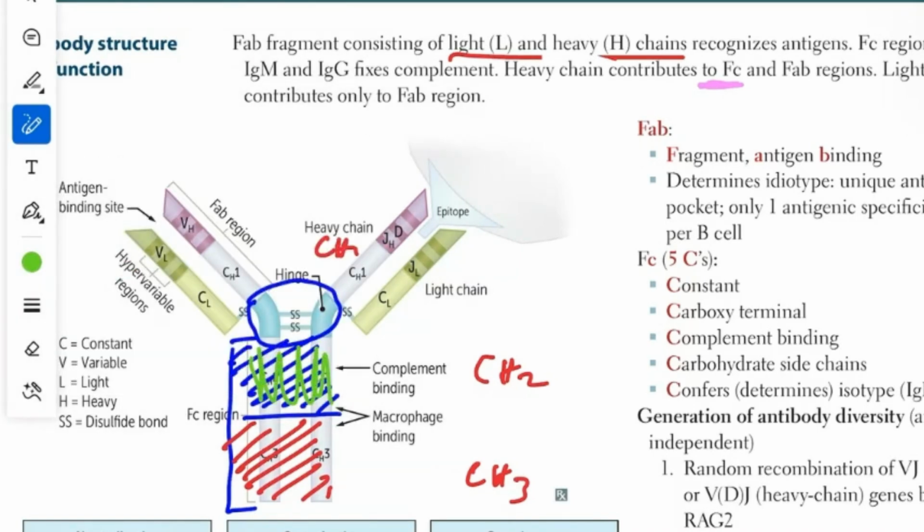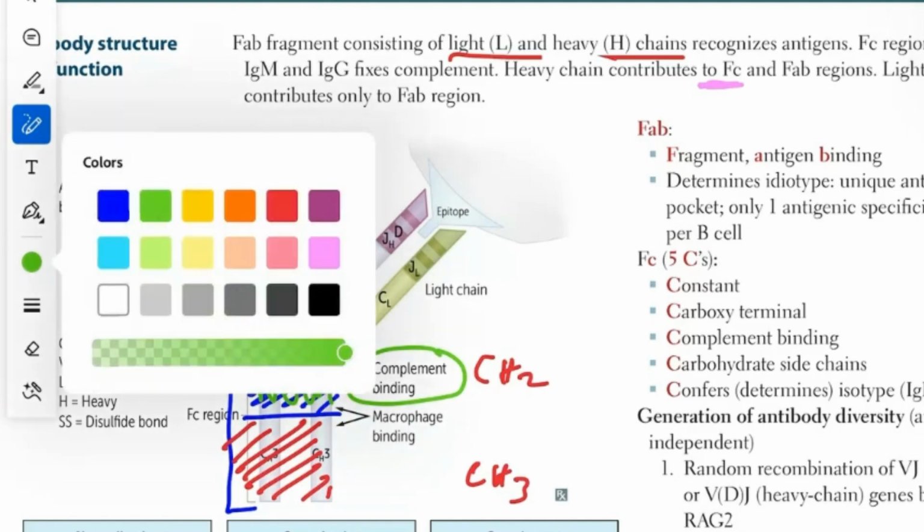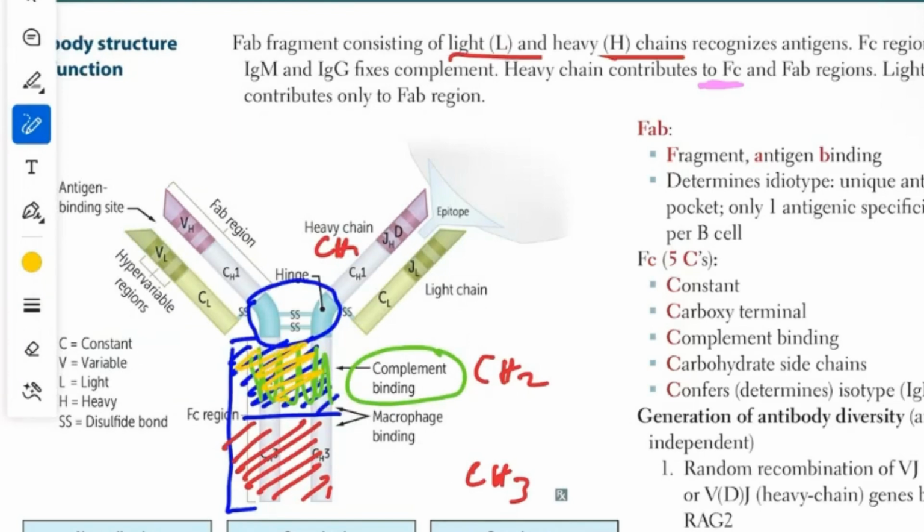This is very important. Complement binds only to that site, and the macrophage binds to both CH2 and CH3. That's of the FC portion.